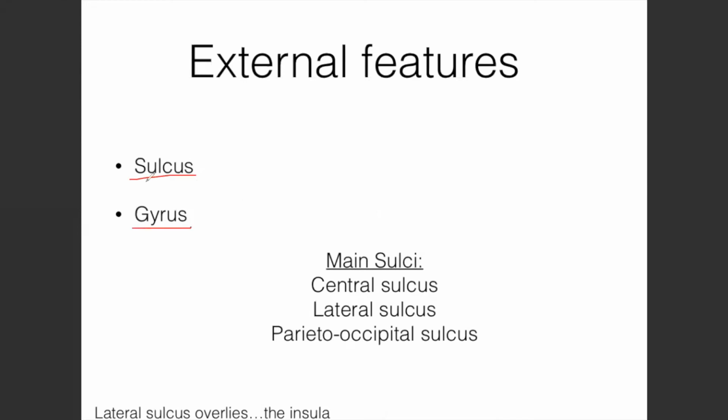A sulcus is basically a fissure, and the gyrus is basically an elevation. If we take a look at the brain, this is very inaccurate, but you're going to find parts that are outwards and parts that are inwards. The inward parts we call the sulcus, and the outward parts we call the gyrus. This is basically the main idea.